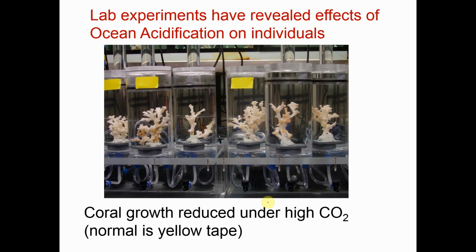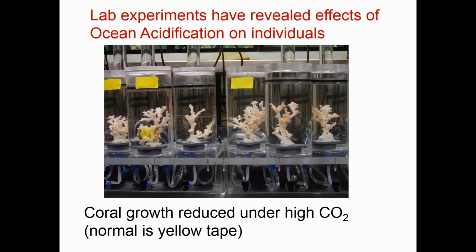In addition, when we look at coral, so these are coral that are grown in a lab from different oceanic conditions. The ones with yellow tape are in ocean conditions like they are today. The ones without yellow tape are under CO2 conditions we expect for the year 2100.